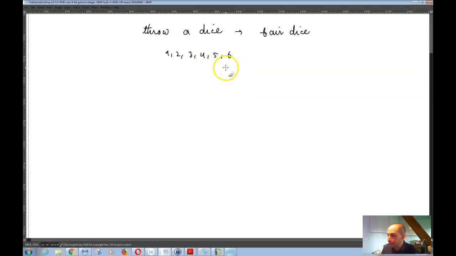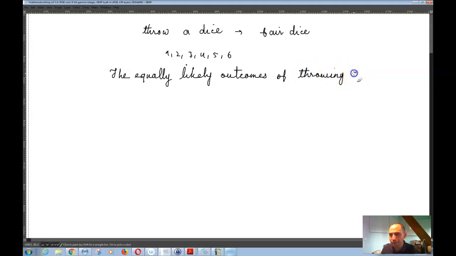So the equally likely outcomes of throwing a dice are 1, 2, 3, 4, 5, and 6.